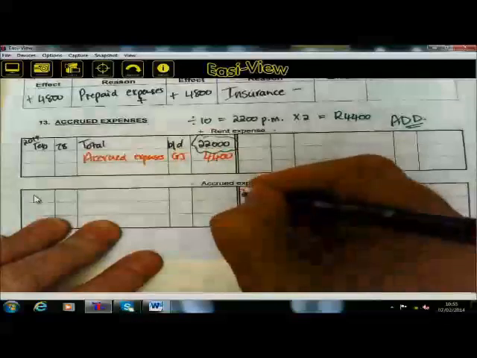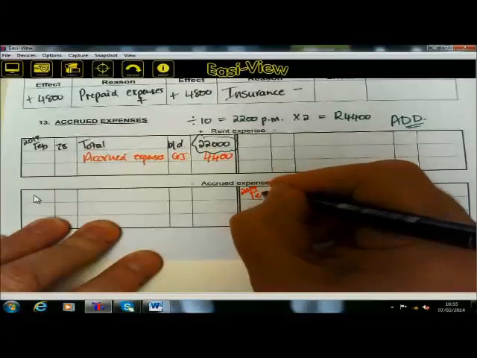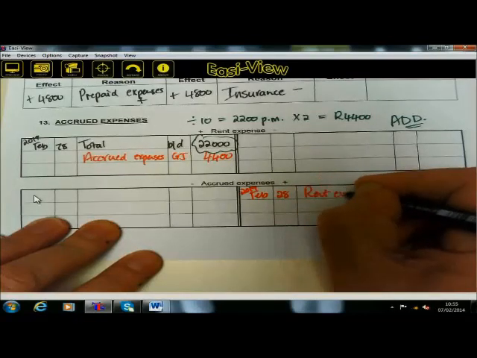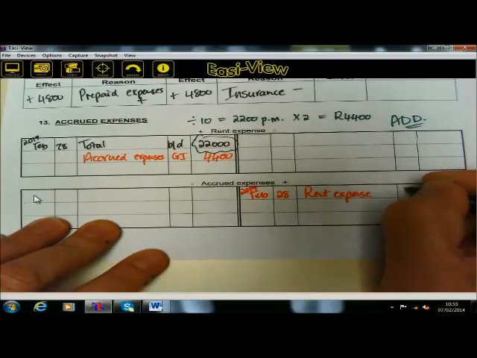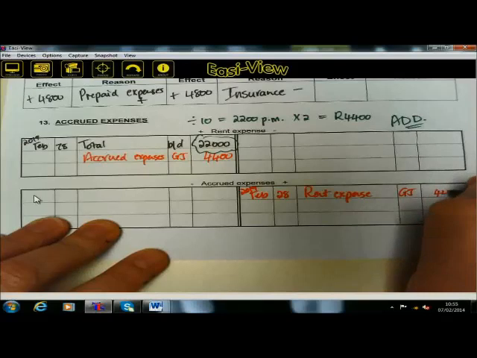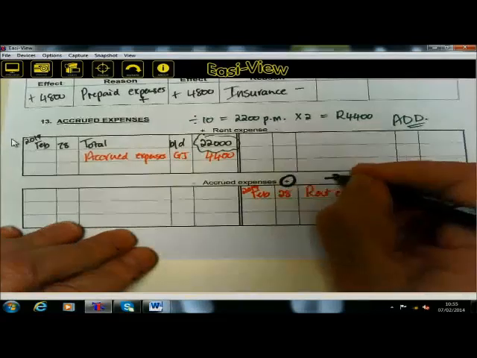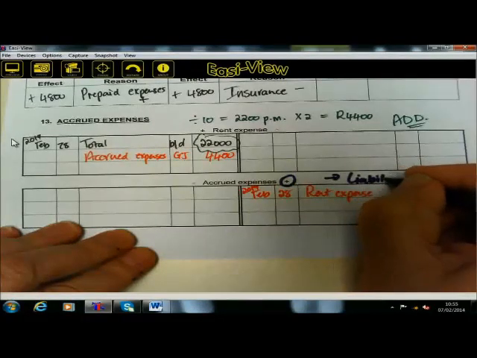You put it on this side, 2019, February 28, rent expense. This is a liability for the business because we owe money.